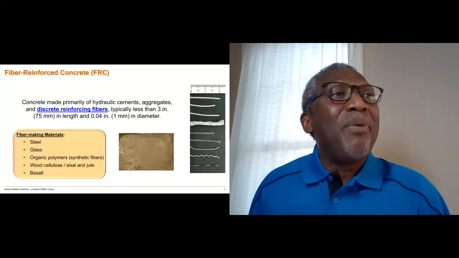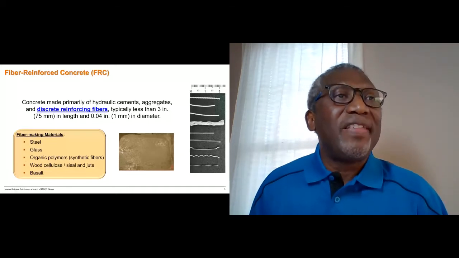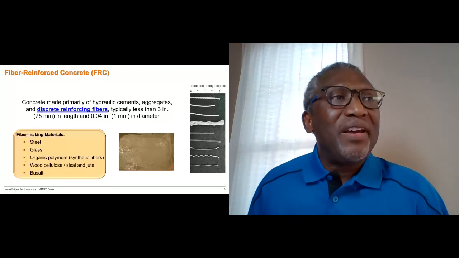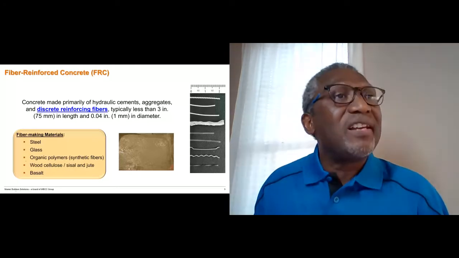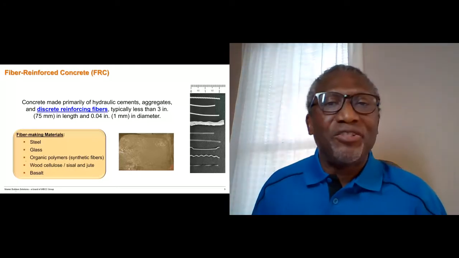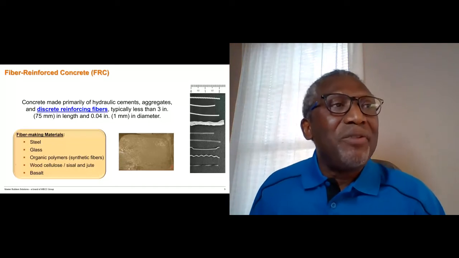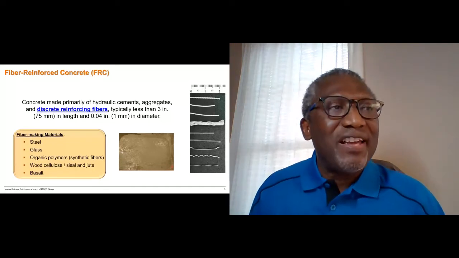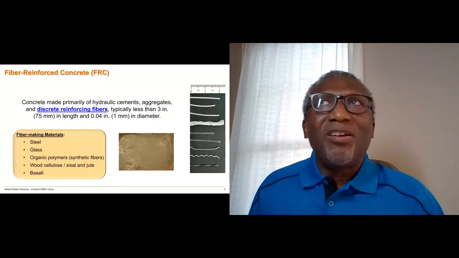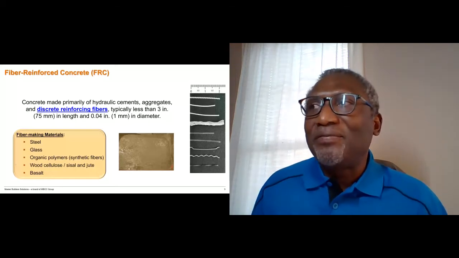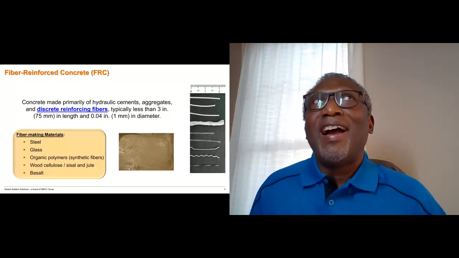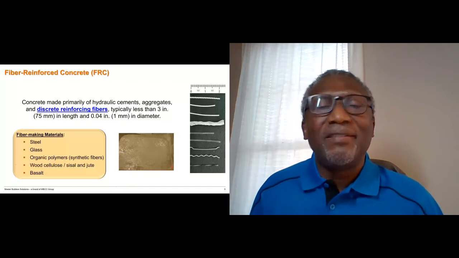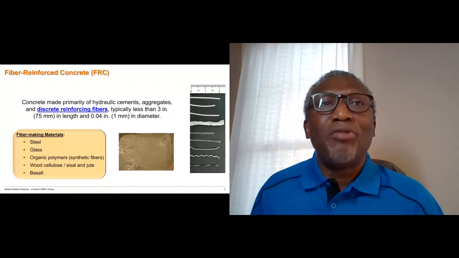Then we have organic polymers, which we call the synthetic fibers. And then we have natural fibers, which are basically wood, cellulose, and then sisal, as well as jute. And then recently in the marketplace, basalt fibers have been introduced. Now, basalt is a rock, but the basalt fibers are not actually all rock. I mean, they are basalt encapsulated in some type of epoxy resin.